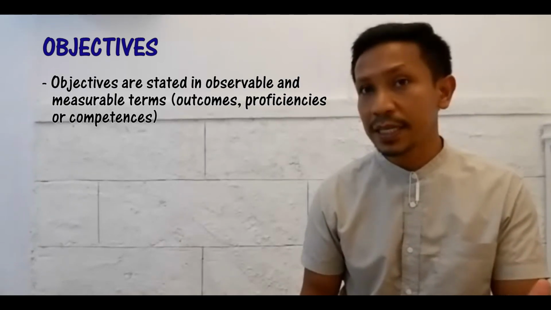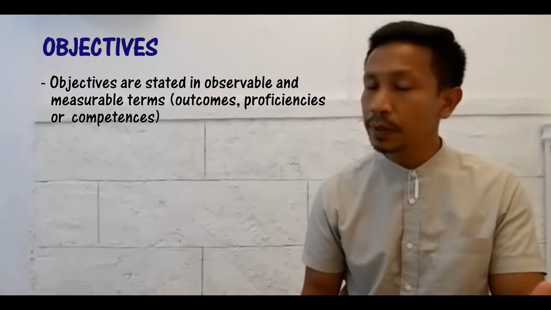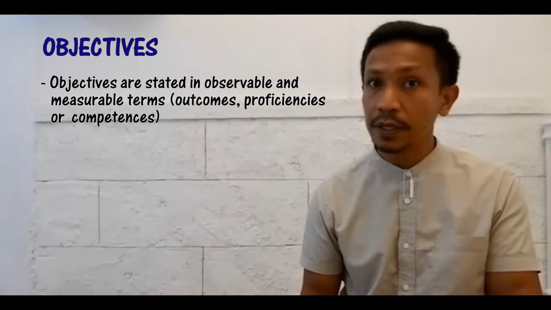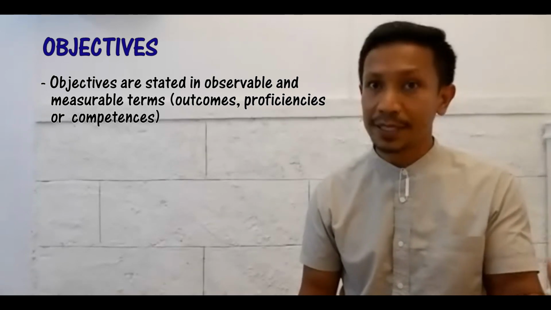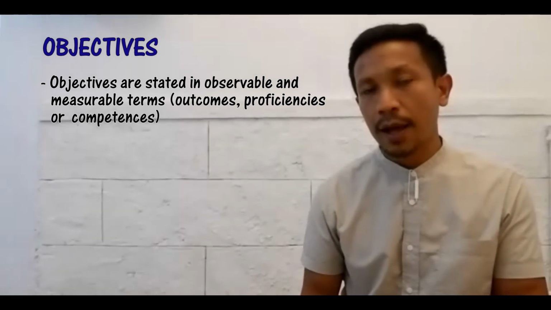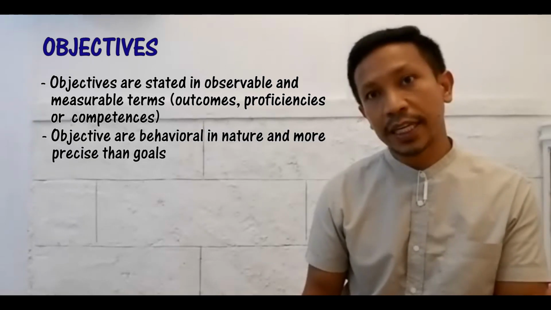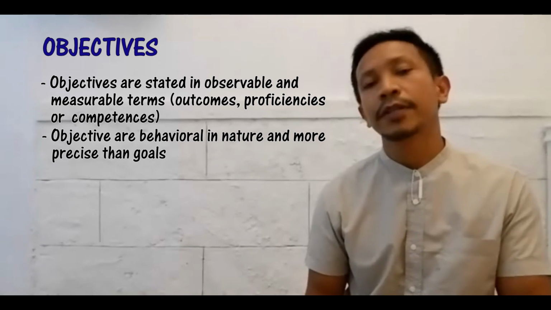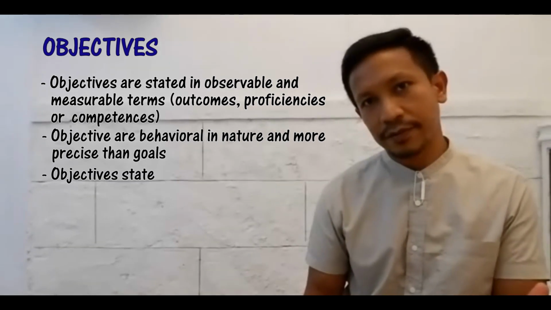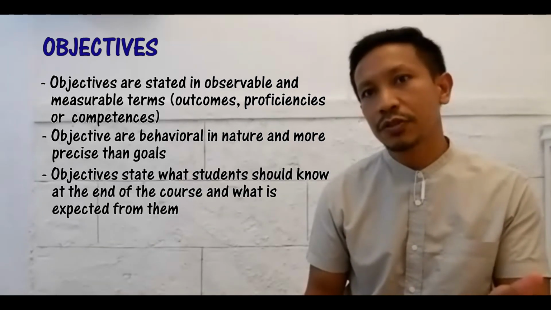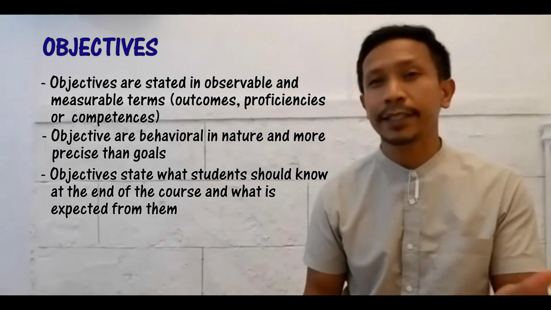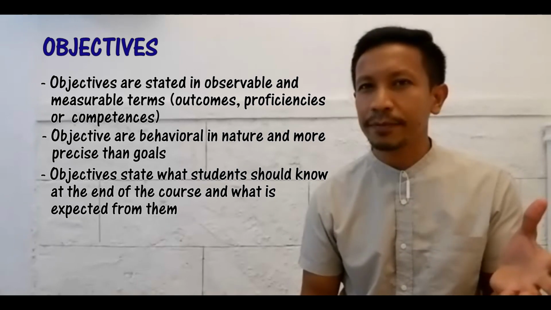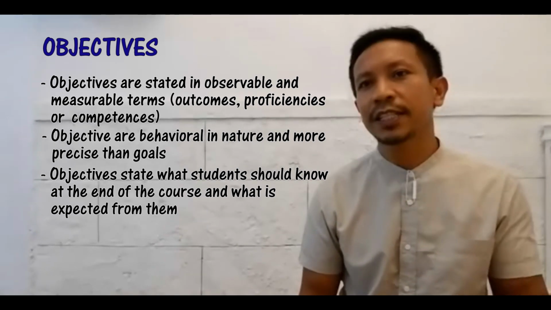Objectives are stated in observable and measurable terms: outcomes, proficiency, competencies. Objectives are behavioral in nature and more precise than goals. And the last one, objectives state what students should know at the end of the course and what is expected from them. It's very clear there.